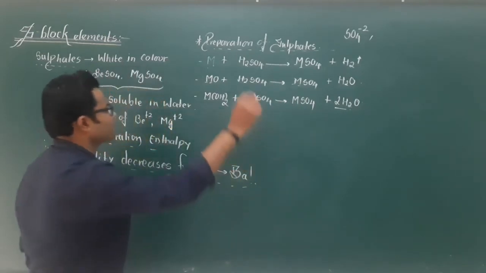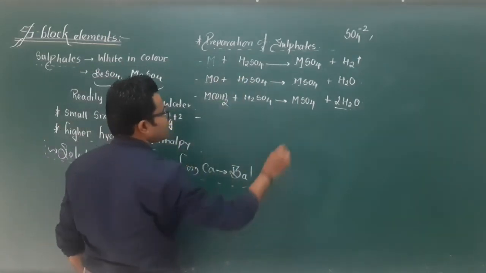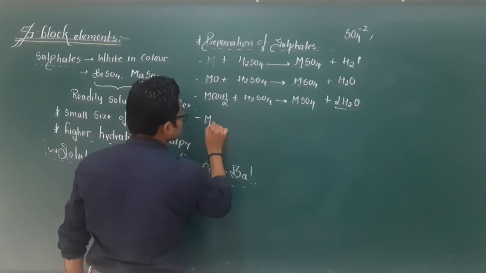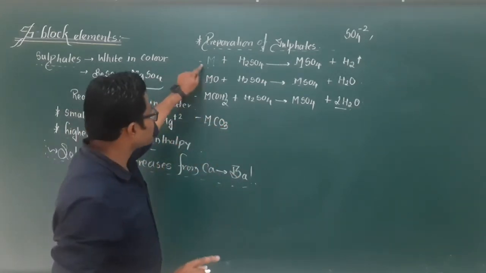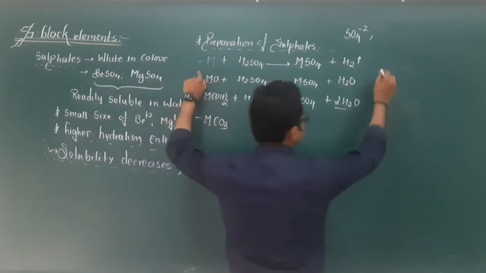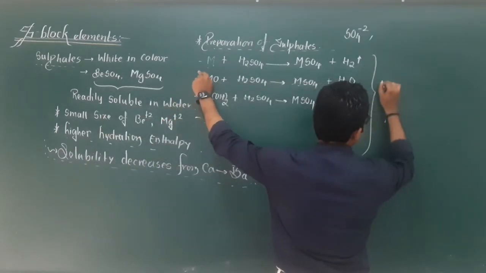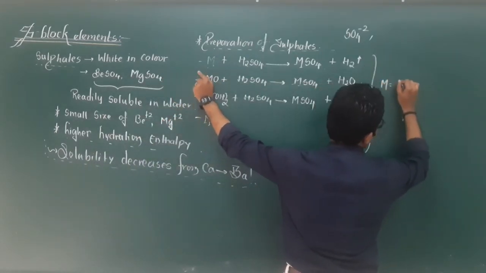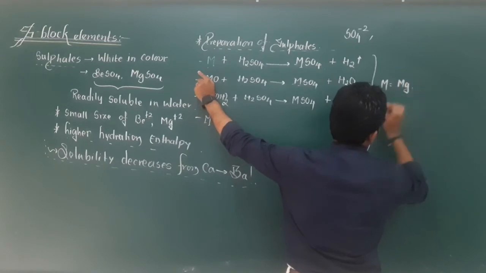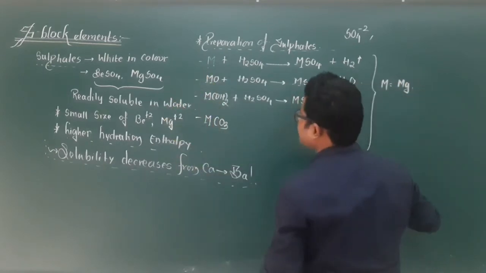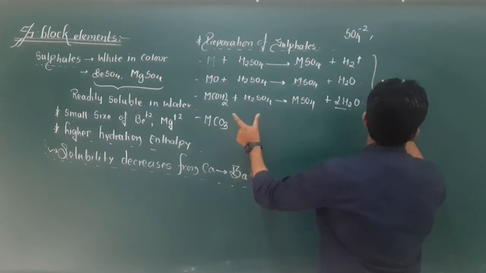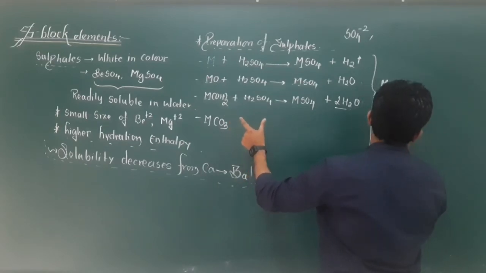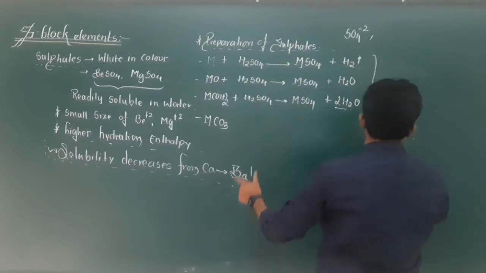Okay, so let's observe the next reaction, and that is going to be with metal carbonates. You can replace the metal for this entire series. You can replace the M with magnesium, calcium, strontium, barium.